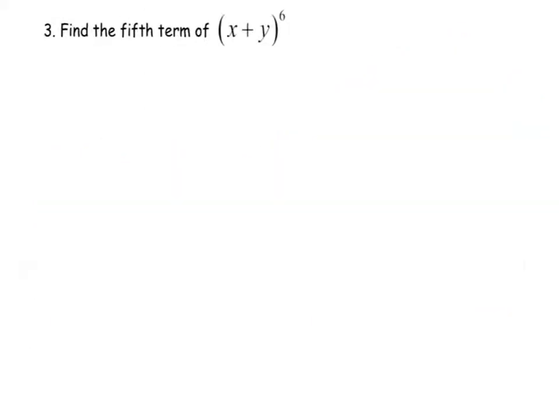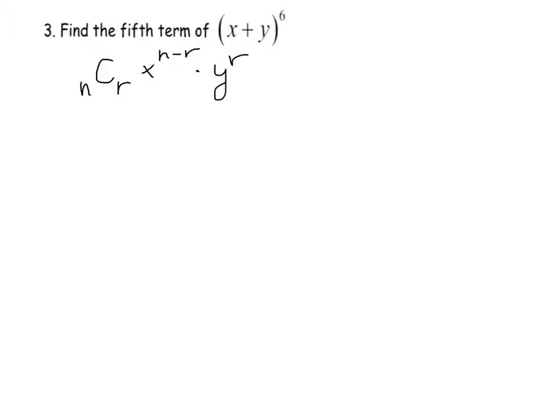In this next example, we need to find the fifth term of the binomial expansion of (x + y) to the sixth power. So I'm going to start out writing that the coefficient will be the combination of n, r, and the first term, which is x, is going to be to the n minus r times y to the r.